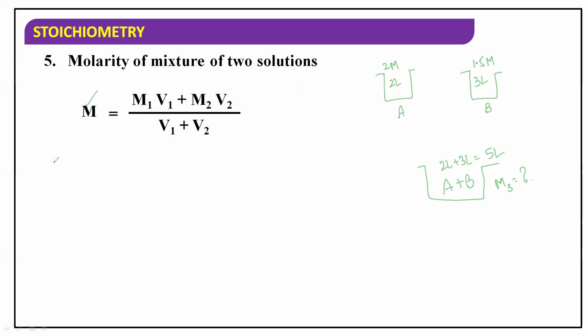So can you solve this and tell me the molarity of the example I gave you? Molarity 1 into volume plus second molarity into volume divided by total volume. Are you able to understand what exactly we are doing?